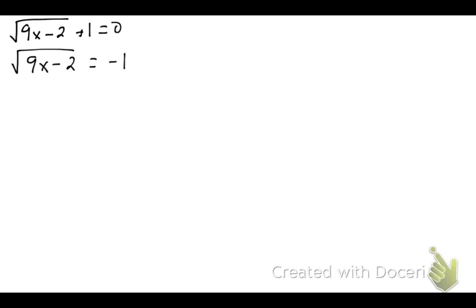Again, we now have 4 examples. All the solutions have worked, but don't take that for granted. The square root of 9x minus 2 plus 1 equals 0. Go ahead and give it a shot on your own. Well, if we subtract 1 from both sides to isolate the square root, we get this.